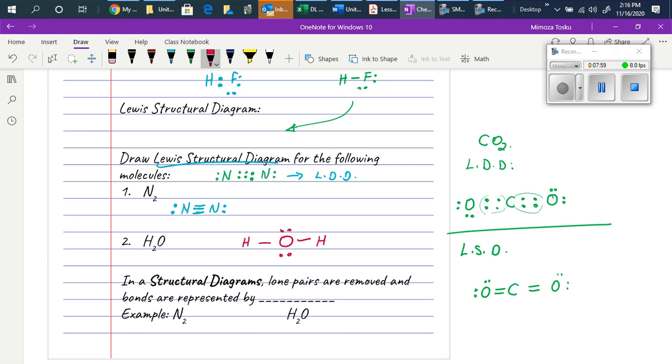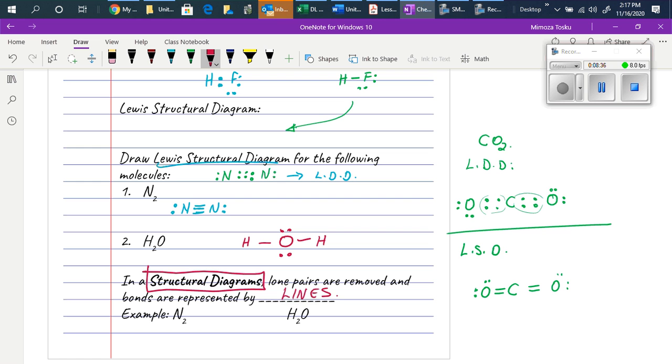So as you see here, in the Lewis dot diagram the lone pairs are removed, and the bonds are represented by lines. So when we are saying just the structural diagram, we don't even care about the lone pairs.